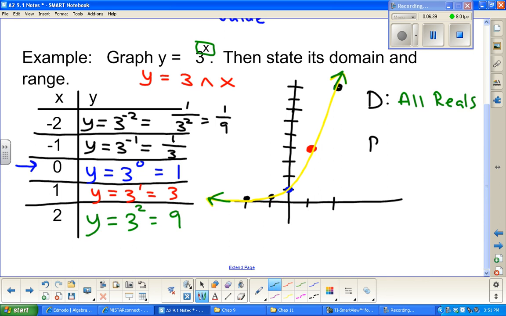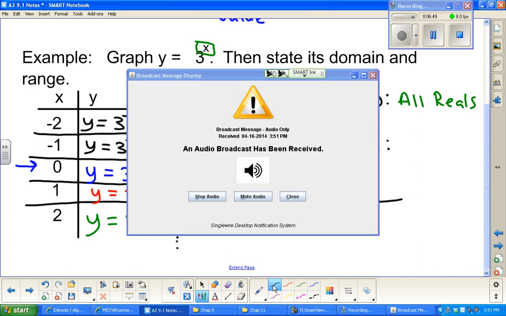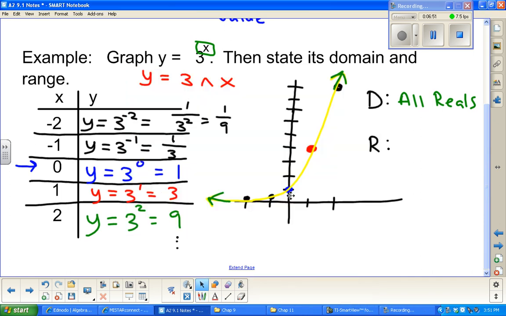Now the range is asking which y values, or which outputs, will you get. You can tell from our table, the y values will just keep getting bigger and bigger and bigger. You can see on the graph, the y values are growing, so there's no upper bound, no maximum.